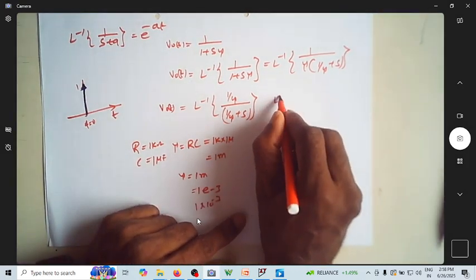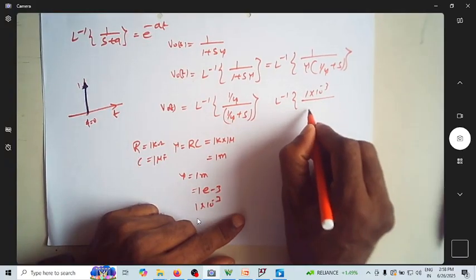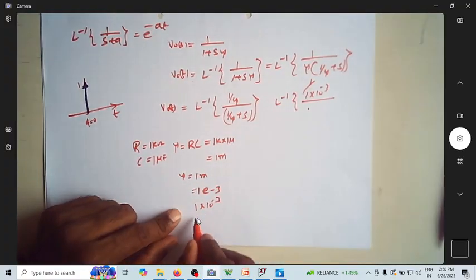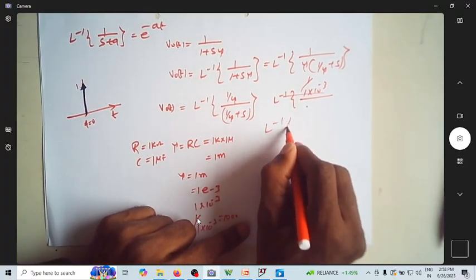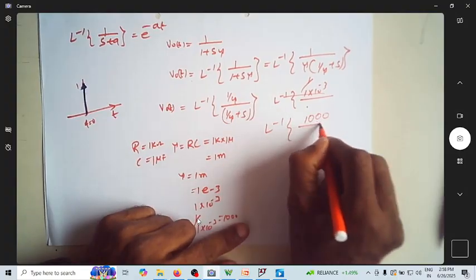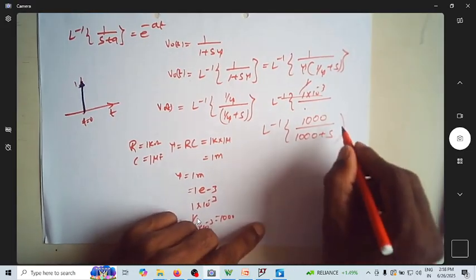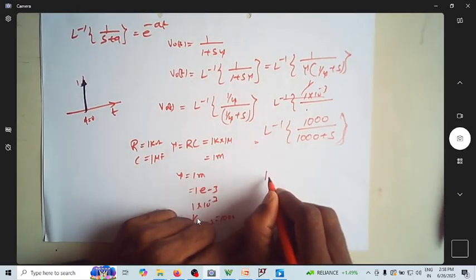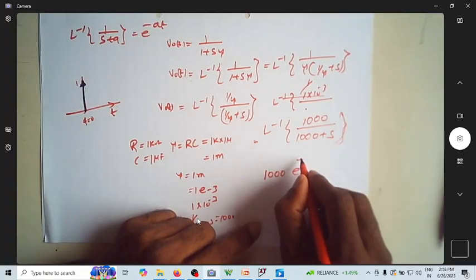So now it is Laplace inverse of 1 into 10 power minus 3 divided by, so this is 1 over. Of course we know that 1 over 1 into 10 power minus 3 happens to be 1000. So I can write it as Laplace inverse of 1000 divided by s plus 1000.